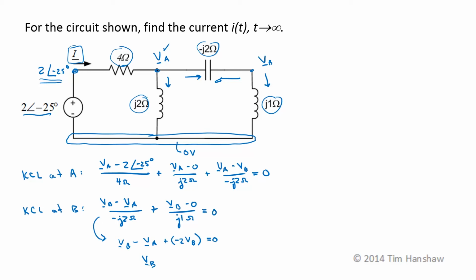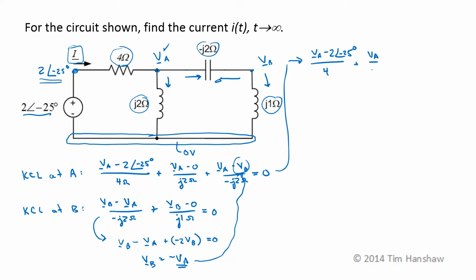So V sub B is equal to negative V sub A. Now I can plug that in here and solve for V sub A. So this equation becomes V sub A minus 2 at an angle of minus 25 degrees over 4 plus V sub A over J2 plus V sub A minus V sub B, with V sub B meaning negative V sub A, turns out to be 2 V sub A over minus J2, and I forgot my phasor notation there, is equal to 0.